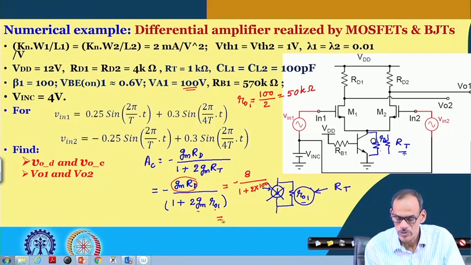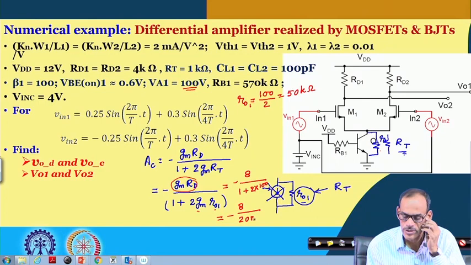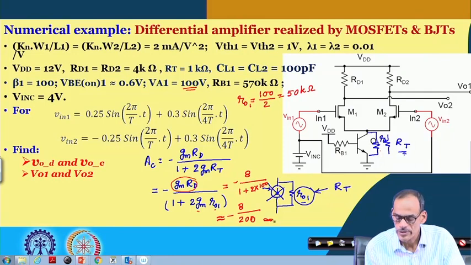So, that is equal to minus 8 divided by 201. So, we may approximate this by 200. So, that is equal to 1 by 25.